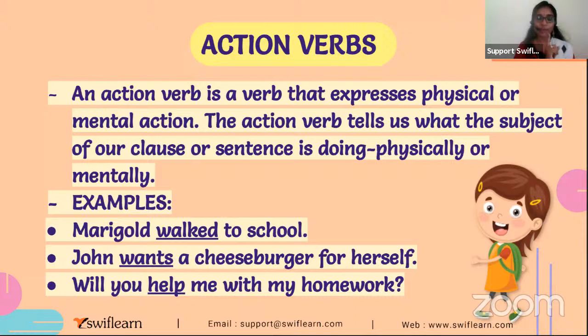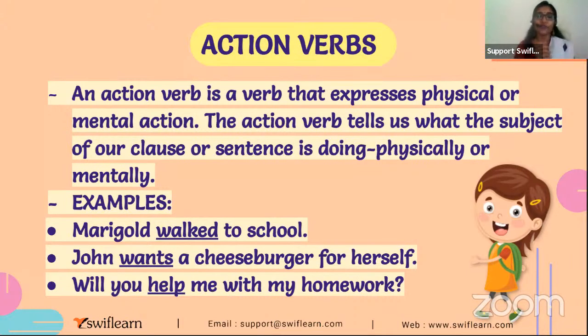Now let's move on to the second type of verb. I hope the first type, the state of being verb, is very clear. The second type of verb is the action verb. So what are the action verbs? Here is the definition, everyone please note it down.